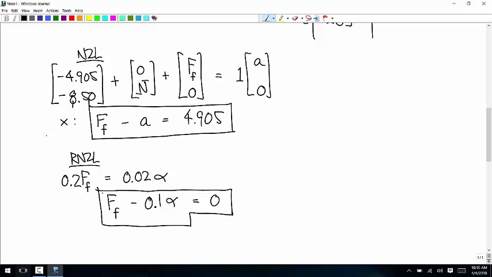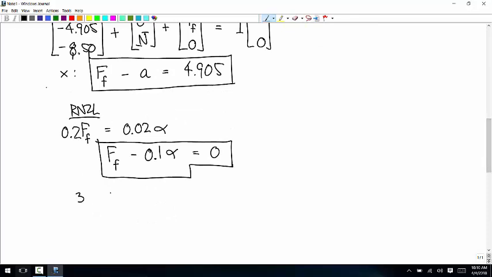So now we have two equations with three variables. So we need one constraint equation. We have three variables, only two equations, so we need one more equation.